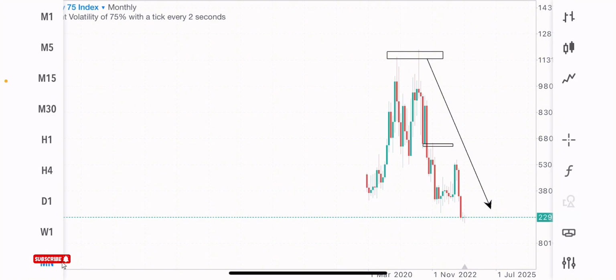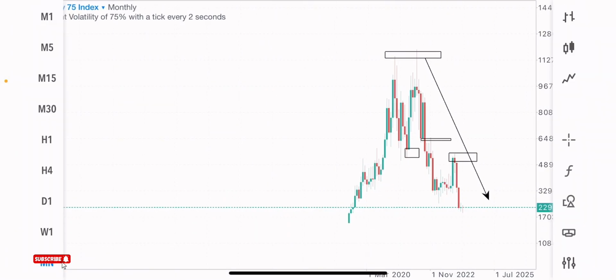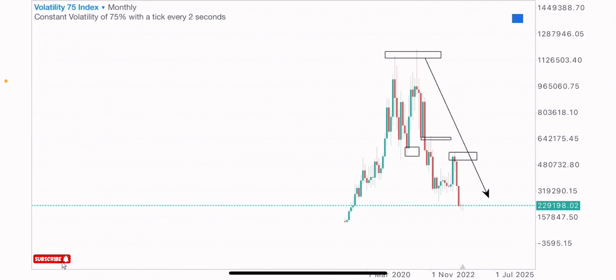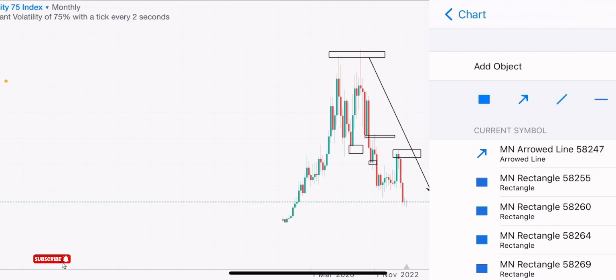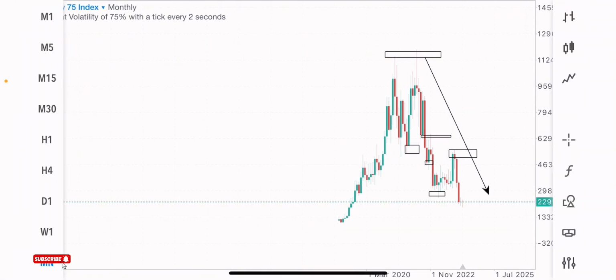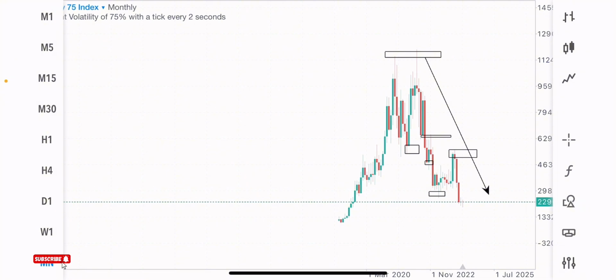So we got this market structure spotted and identified, and we can tell that this index is on a clear downtrend. We've got our lower lows at this point, at that zone, and at this point. So we've got about three lower highs and three lower lows, which is a clear downtrend on the monthly time frame. So the bigger time frame trend is bearish.